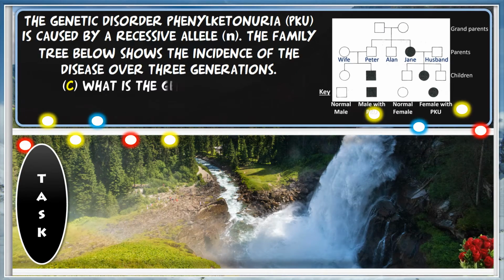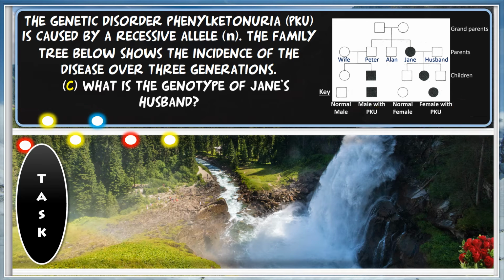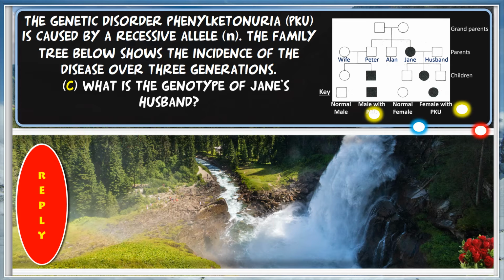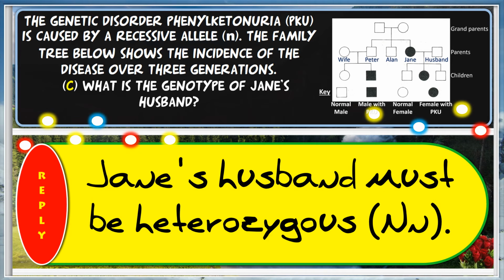Part C. What is the genotype of Jane's husband? Jane's husband must be heterozygous, capital N, small n.